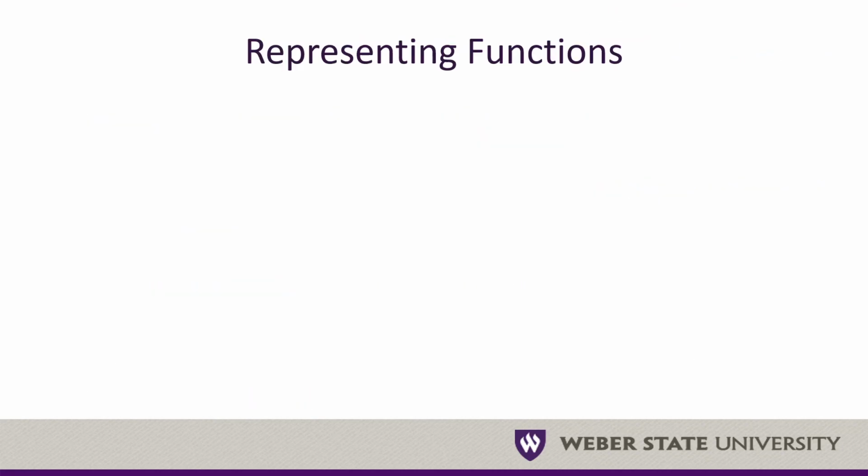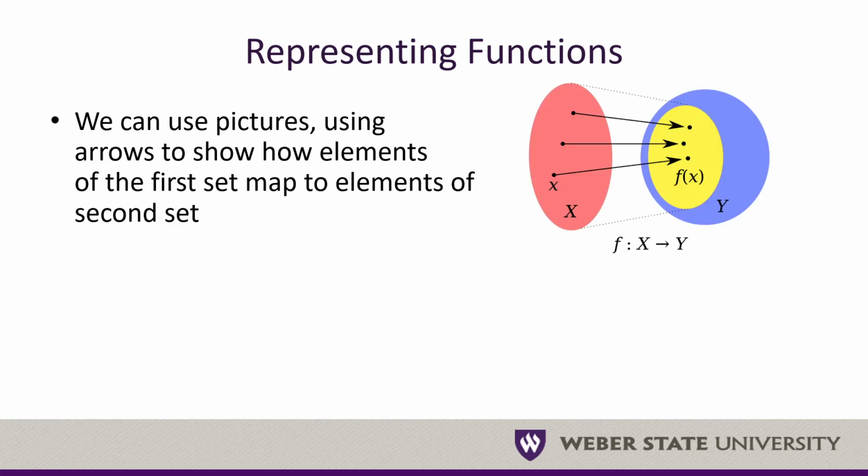So let's instead take a look at how we represent functions. A picture, as they say, is worth 1,000 words. I'm going to try to keep it shorter than that. But we've used Venn diagrams to talk about functions, or not functions, but sets.